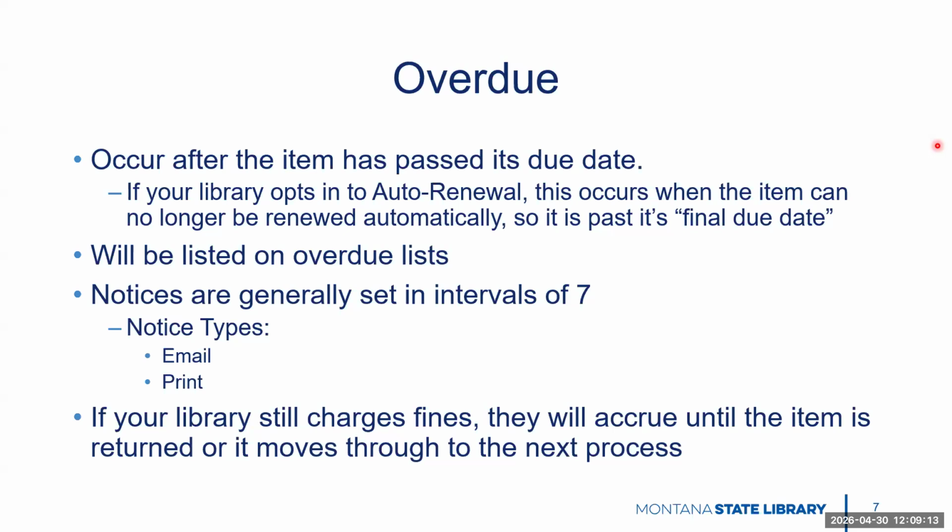For SMS, the patrons will only get one notification at 7 days overdue, and then no more notices, whereas email can occur on a more regular basis, and they can get multiple notifications.